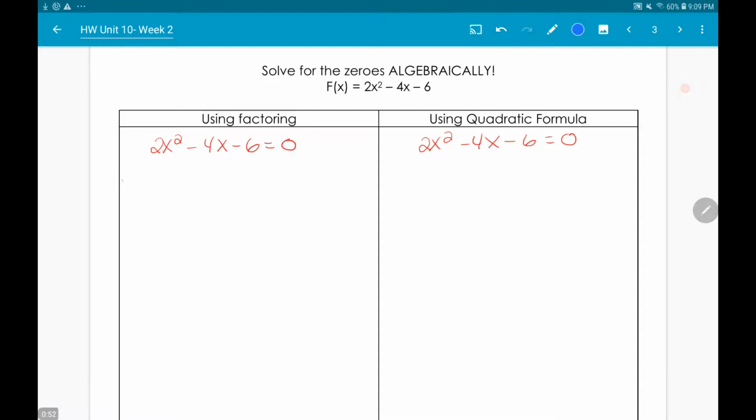Do I see a GCF? I do. It's 2. So I'm going to go ahead and divide that. And I get 1x squared minus 2x minus 3.